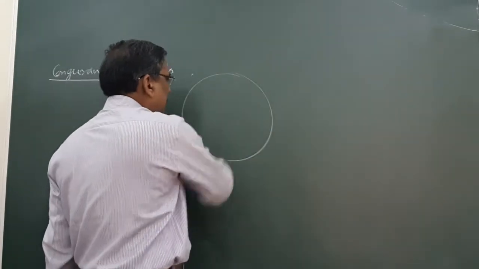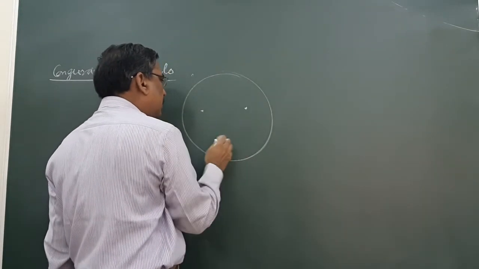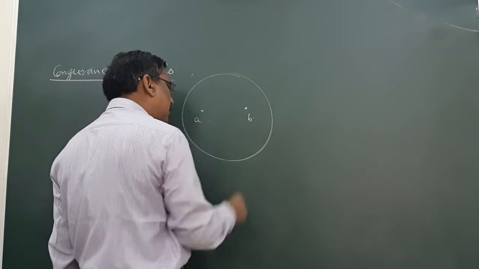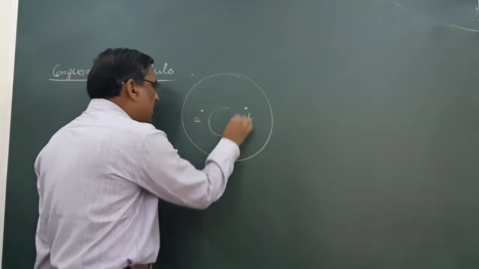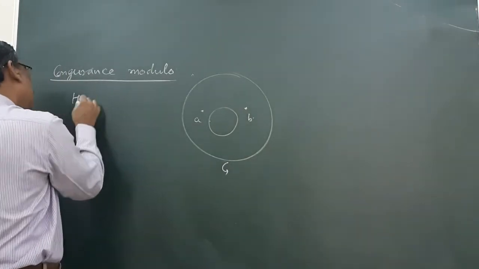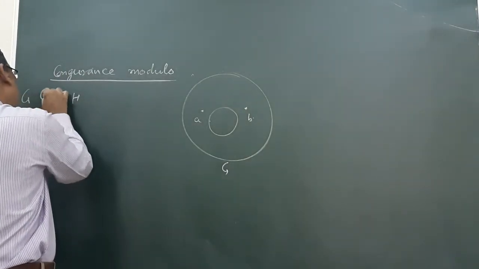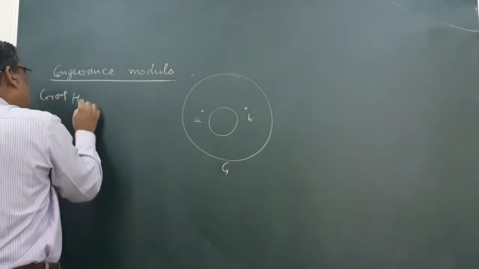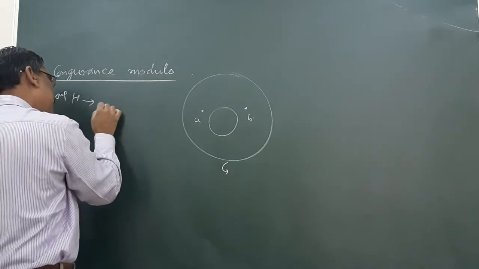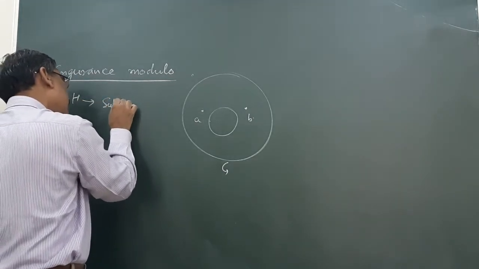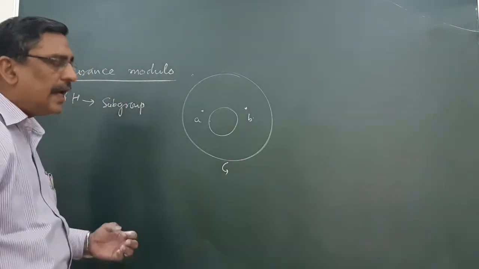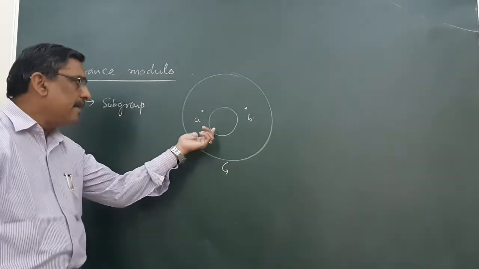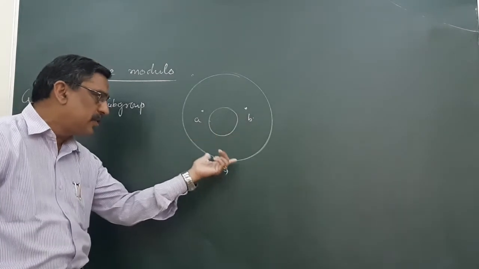G is a group, and A and B are two elements of G, and H is a subgroup. Then A and B are two elements of G.